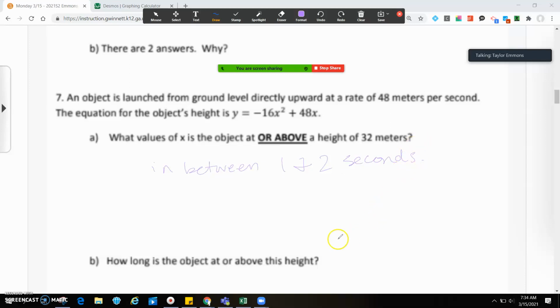How long is the object at or above this height? For 1 second total, because we would take 2 seconds and then subtract 1 second.